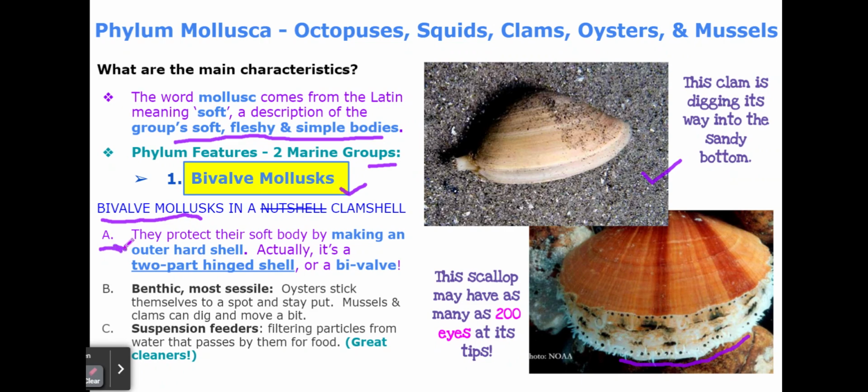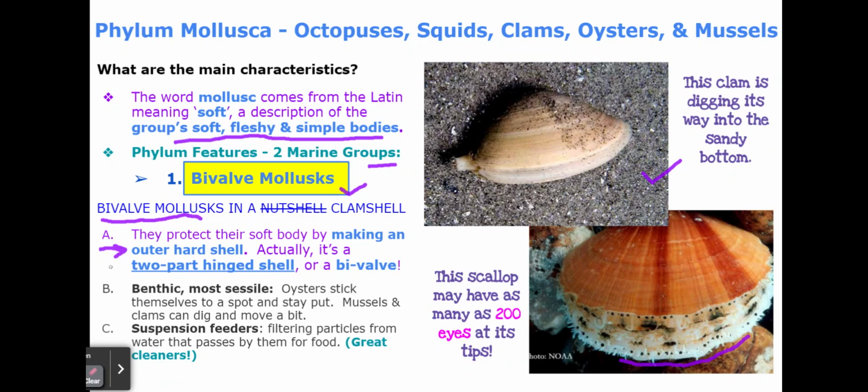Bivalve mollusks protect their soft, simple bodies by making a hard outer shell. They secrete a substance from their body that hardens and makes their own hard outer shell.